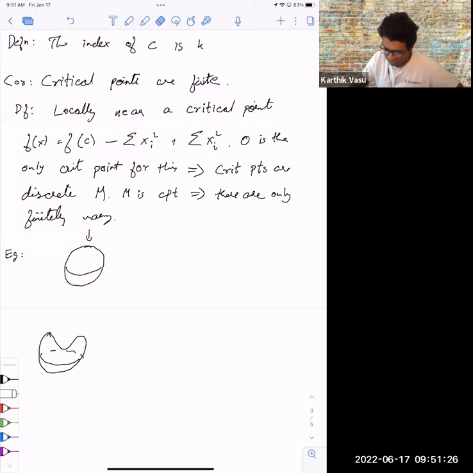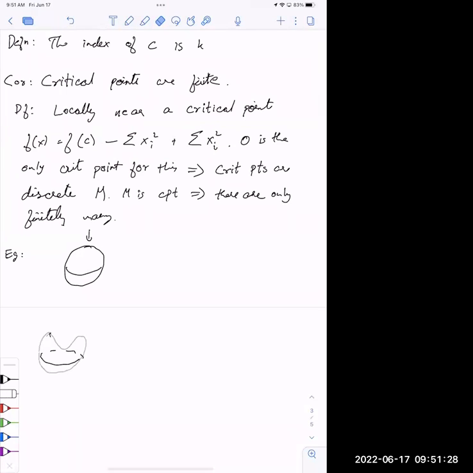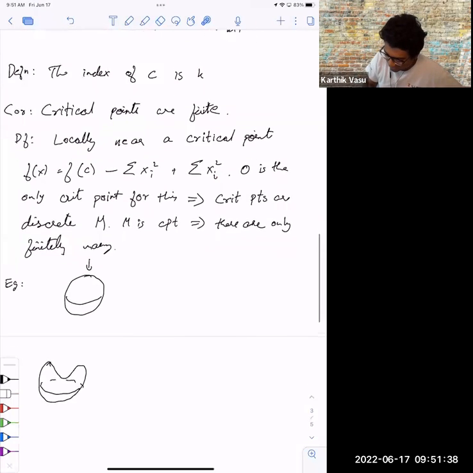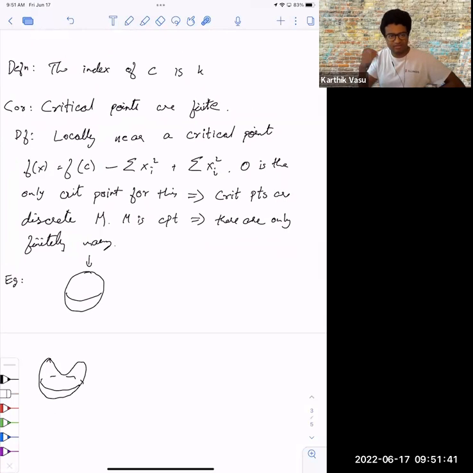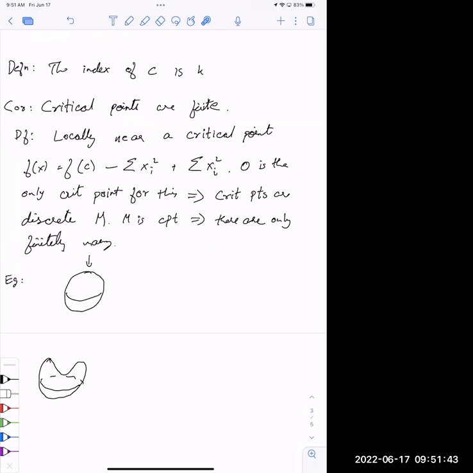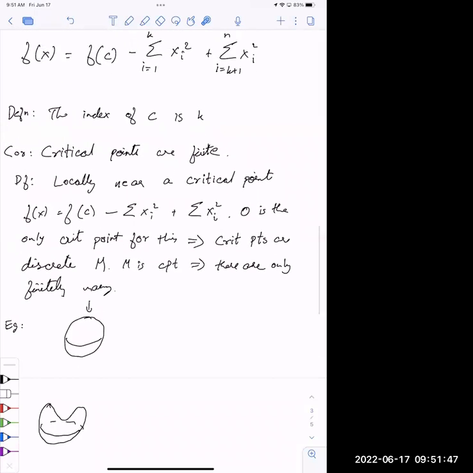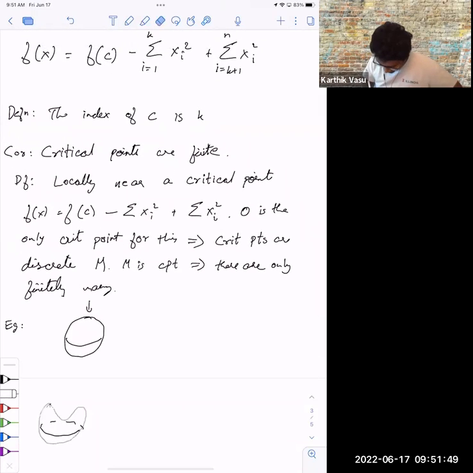So the local things should be isolated, the maxima or minima. That is the idea. One of the ideas is to make them isolated, although this is a consequence. I hope that answers it.